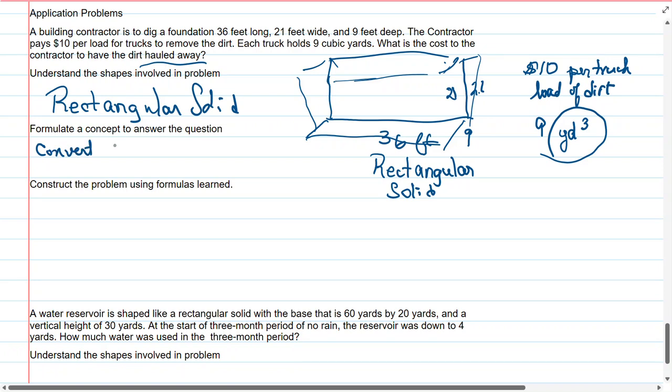I'm going to have the 12 times 7 times the 3. 252 cubic yards. All right, but now we want to know cost.